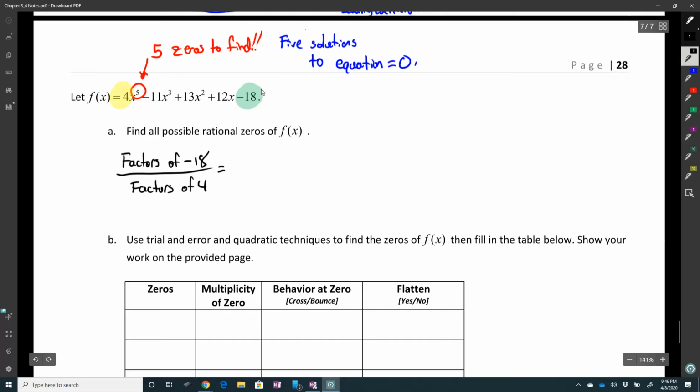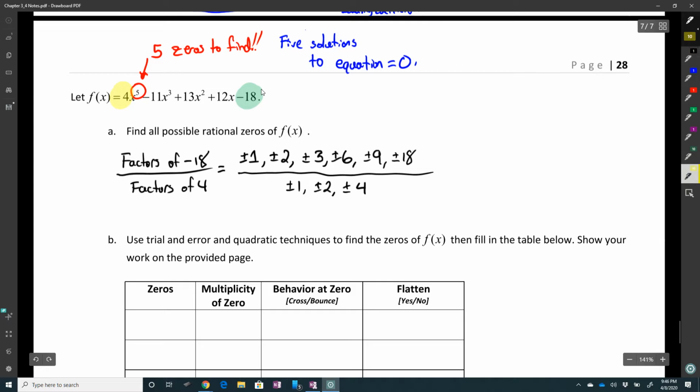So negative 18, it's plus or minus 1. 1 fits into 18, 2 fits into 18, 3 fits into 18, 6 fits into 18, and 9 fits into 18, and then finally 18 itself. For 4, 1 fits into 4, 2 fits into 4, 4 fits into 4.